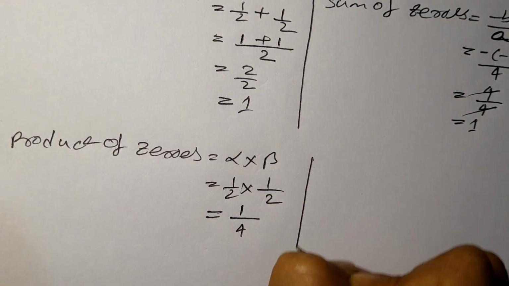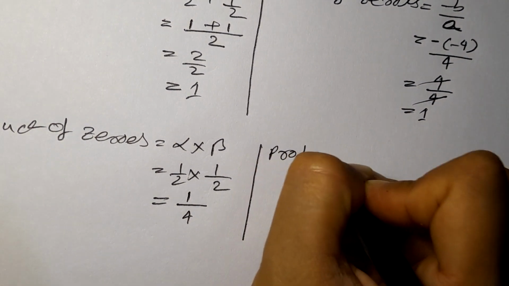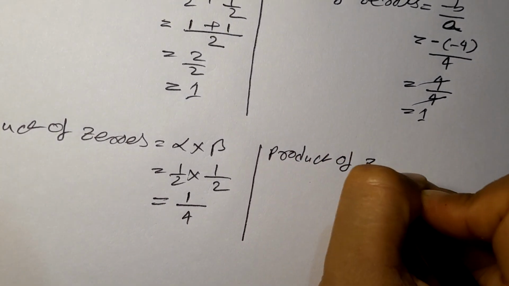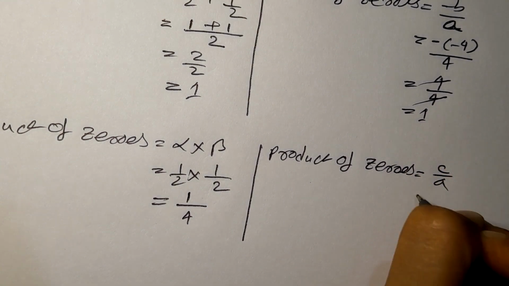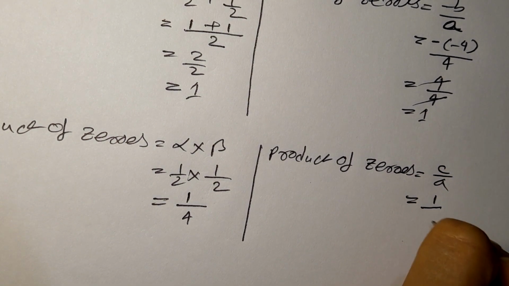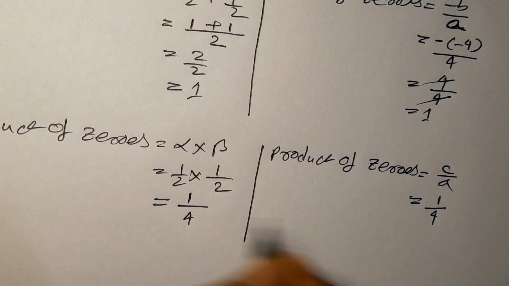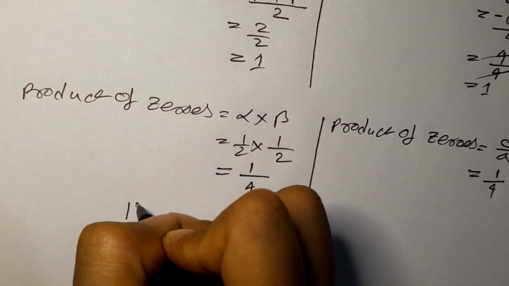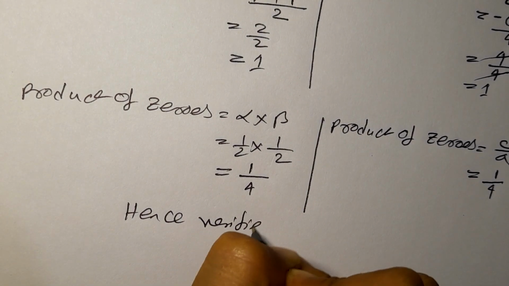Now by the formula, product of zeros, that is c by a. What is the value of c? 1. What is the value of a? 4. So it's 1 by 4, 1 by 4. So it's same. So hence verified.